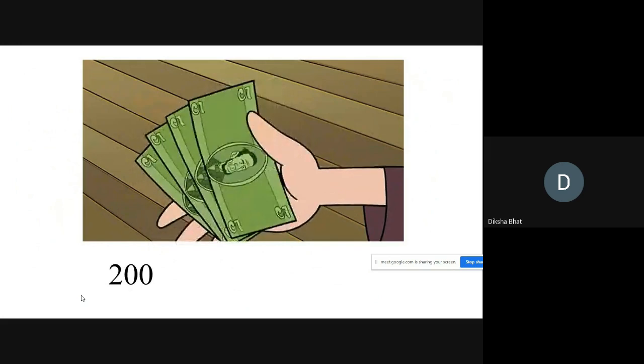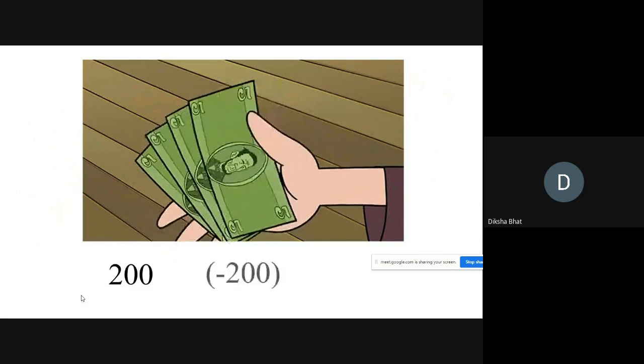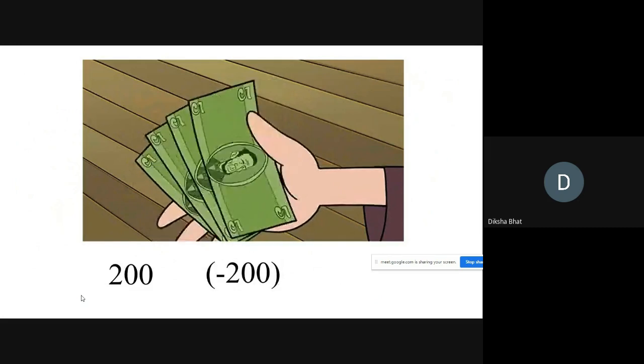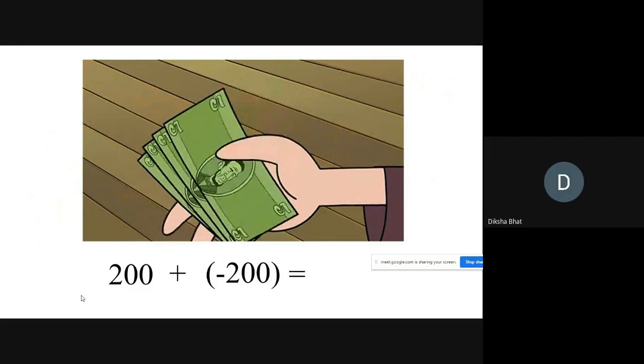How will you represent this using a sign? Since you gave it, we will represent it using a negative sign. So how much money is left with you? 0. Yes. So 200 plus negative 200 gives us 0.